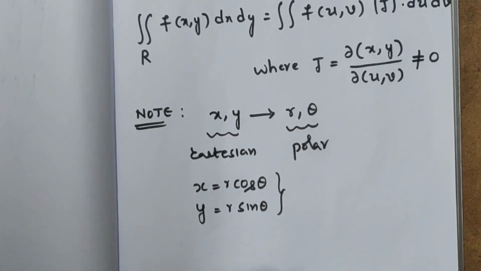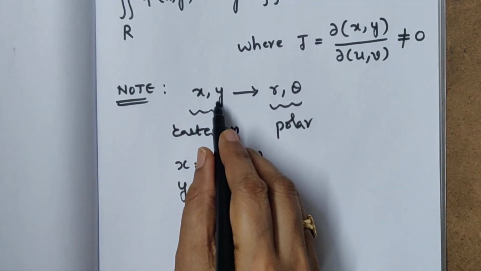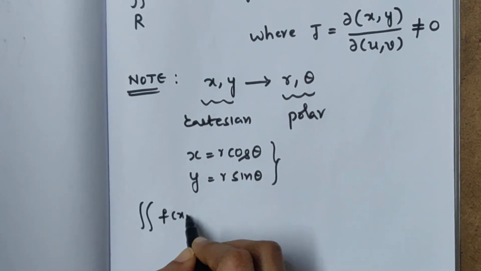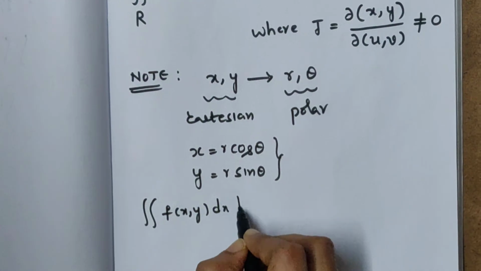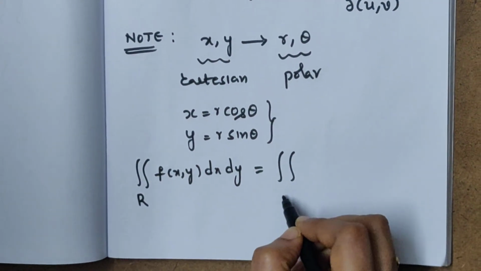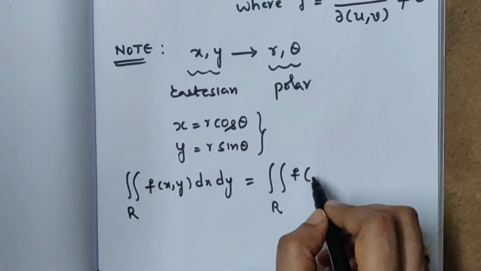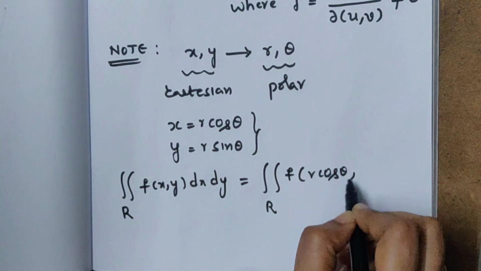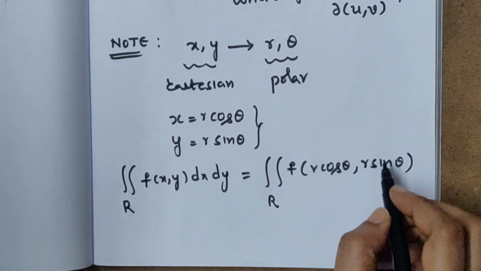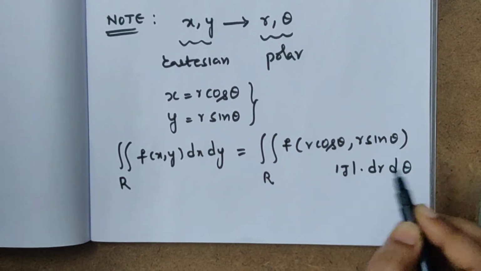By applying these transformations on the Cartesian variables, the Cartesian double integral over the region R turns to a polar double integral of f of, in place of x, r cos theta, in place of y, r sin theta. This dx dy turns to Jacobian dr d theta.